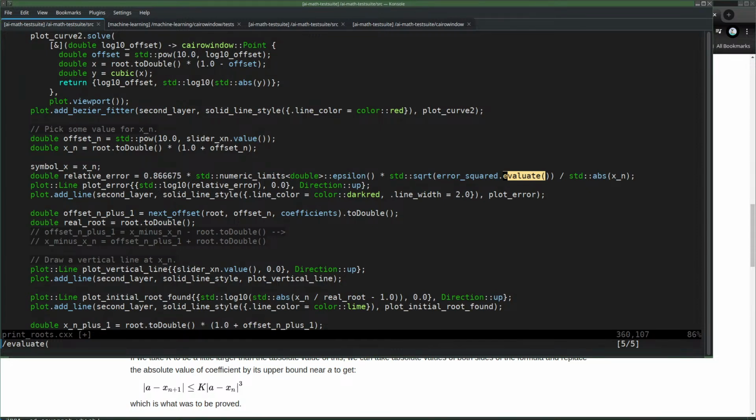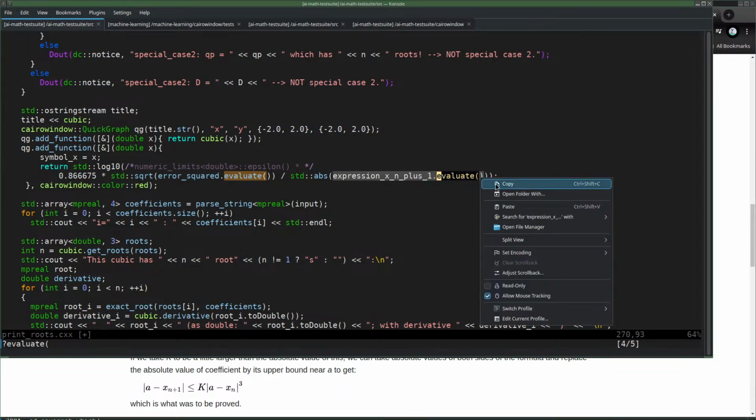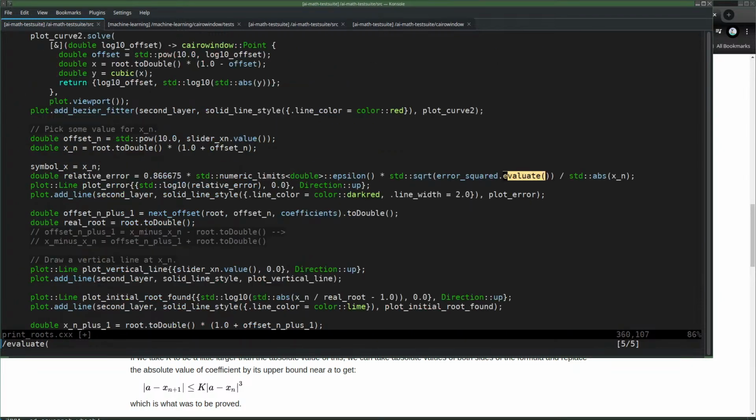Okay, I think I get it. Yeah, maybe you can just fill that in. Same thing. If expression xn plus 1 exists, then it must be the right thing. So just use that here instead of xn.